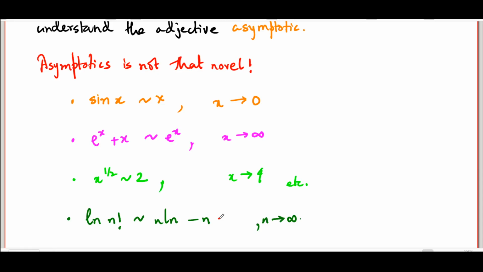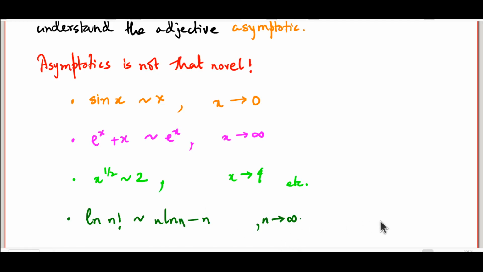Something even simpler, square root of x is asymptotic to 2. Not the number 2 really, but the constant function 2. As x goes to 4, that sort of should be obvious. And finally, a formula that we have all used from time to time, the so-called Stirling's formula for log of n factorial.